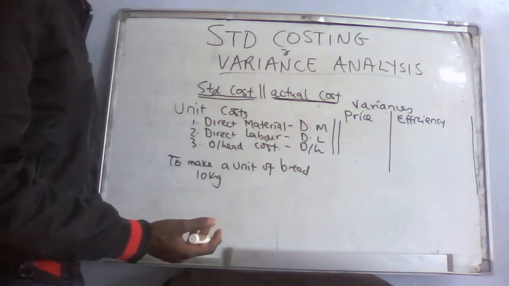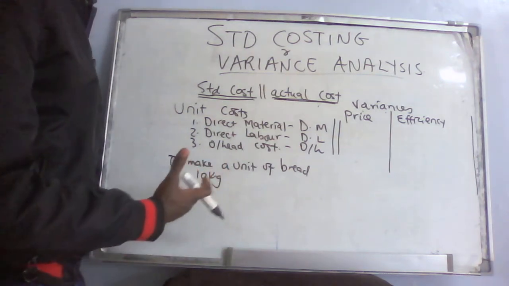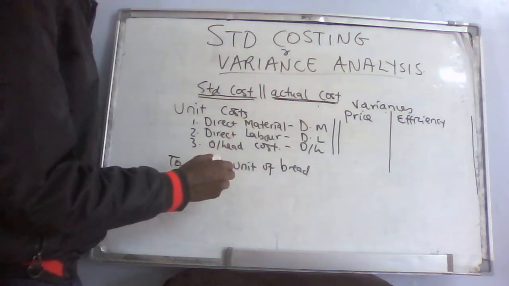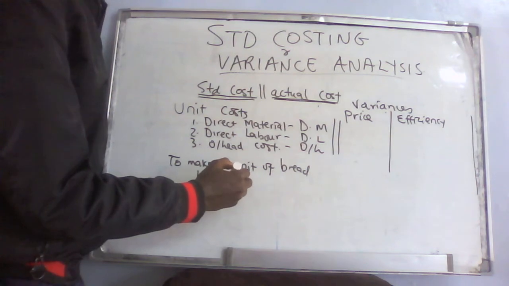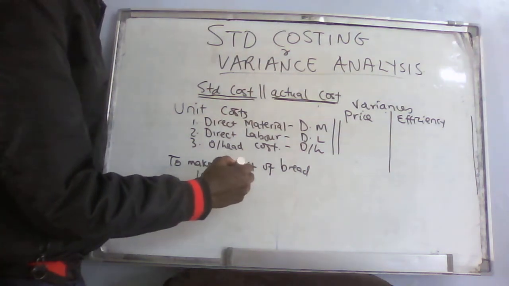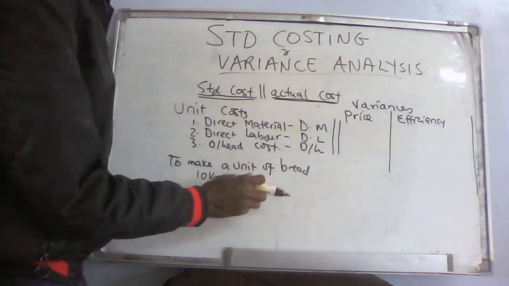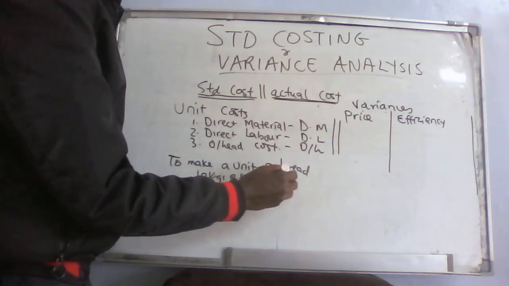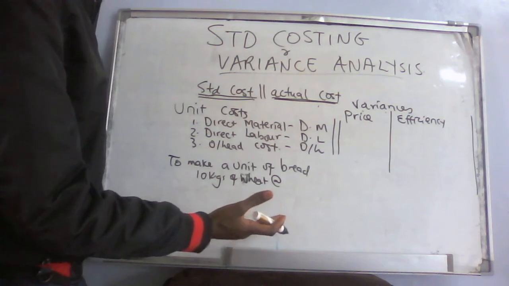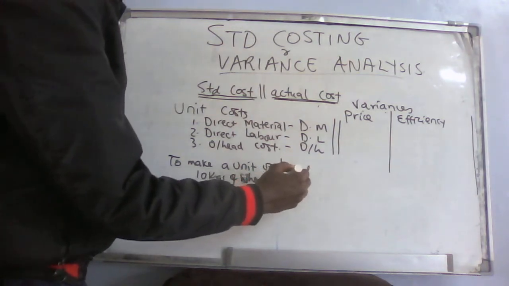This is hypothetical. 10 kgs is so much, but this is just for us to understand the concept. So we need 10 kgs of wheat flour. At a kg of wheat flour, let me say, is about 50 shillings.